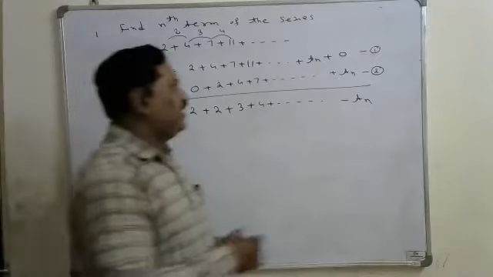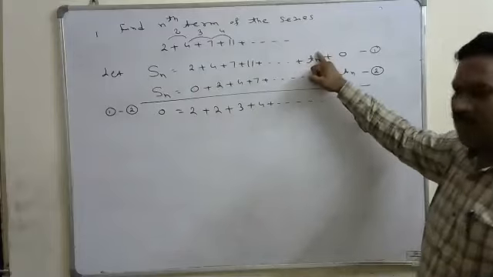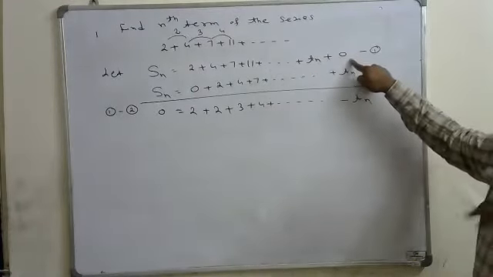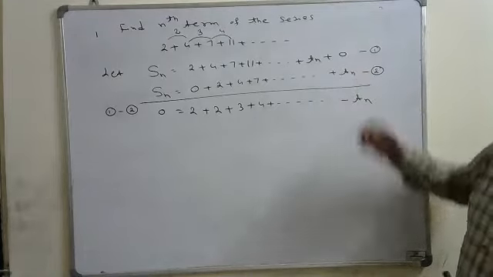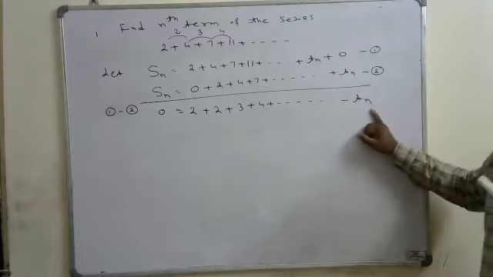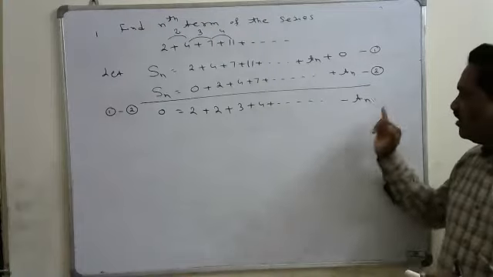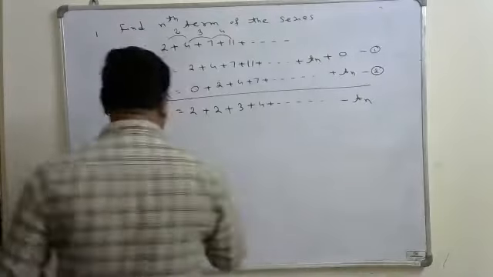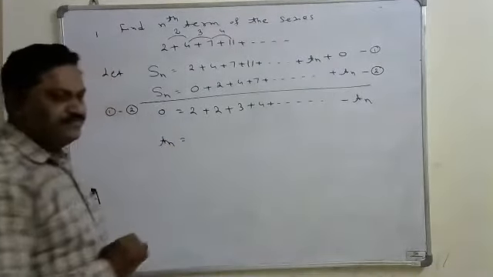Up to here there are n terms, and since we have added the 0, the total number of terms is n plus 1. Here also we had n plus 1 terms. If you subtract term by term, here also we get n plus 1 terms. Out of that, the last term, minus Tn, we send to the other side, so it becomes Tn.